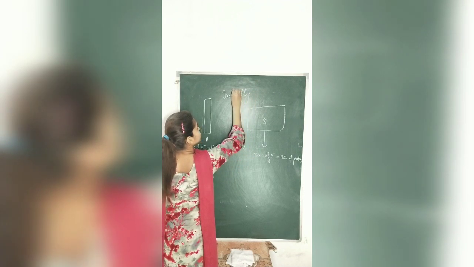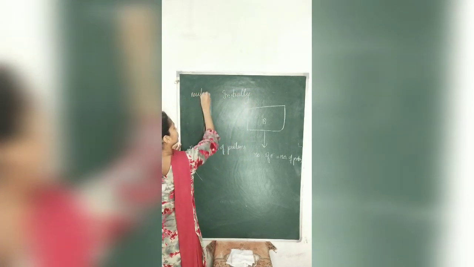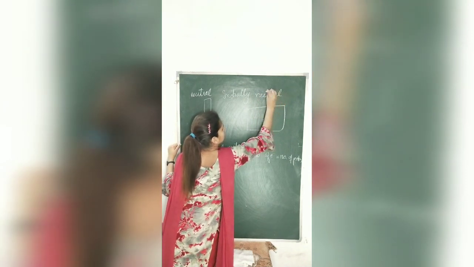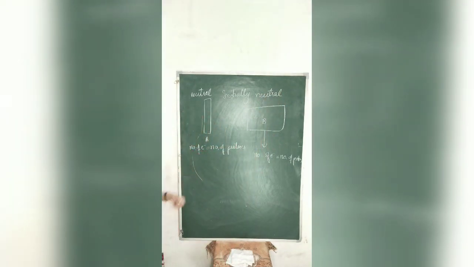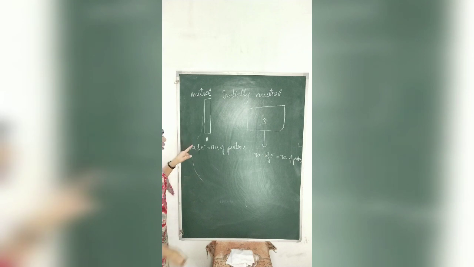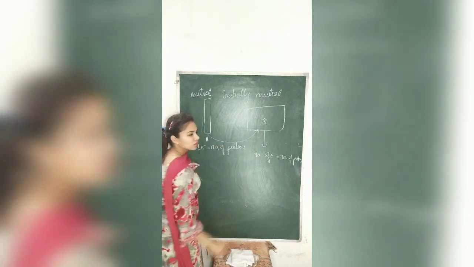So that's why initially both are neutral. Now let's say this body A gains energy, meaning the electrons gain energy and get shifted to body B.